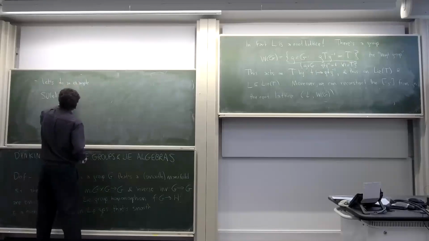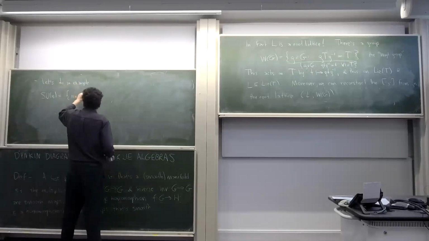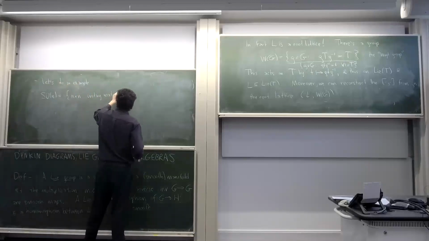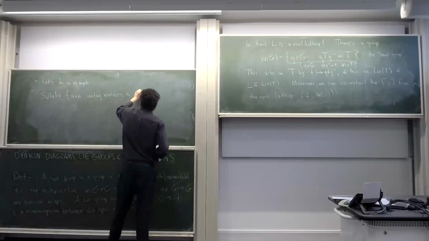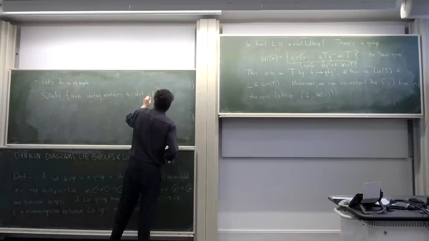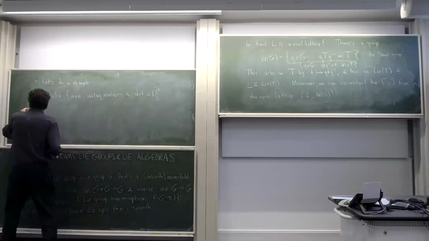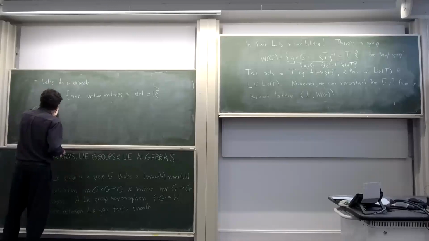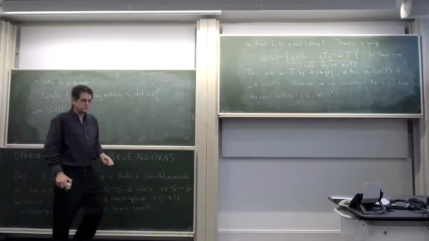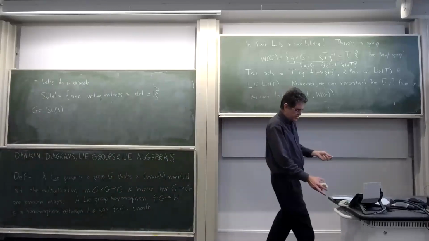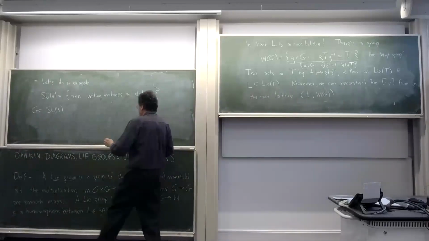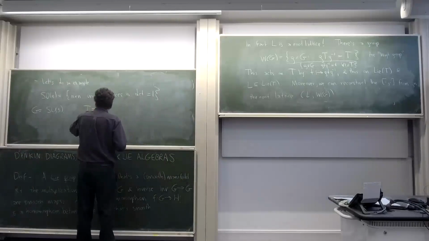That's the n by n complex unitary matrices with determinant 1. But for concreteness, I'll think about SU(3), so I can draw some things, but everything I say should work for other n. So if you take SU(3), what's a maximal torus?